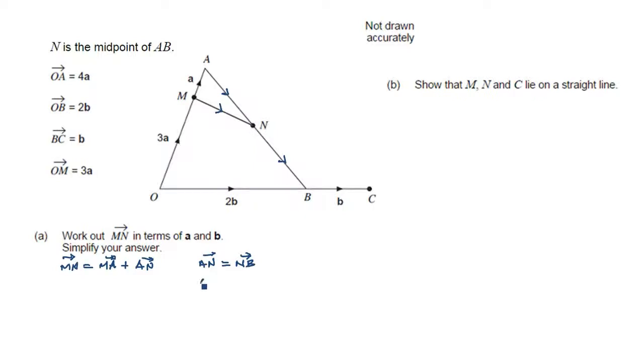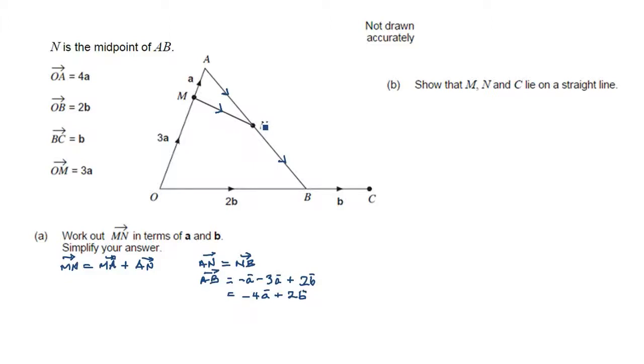Okay, so A to B is equal to, so we start working in terms of A and B. We're going in this direction, so it's going to be minus A and minus 3A and plus 2B. Okay, gather up our A terms. We've got minus 4A plus 2B.